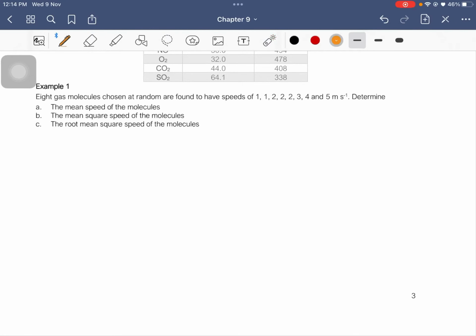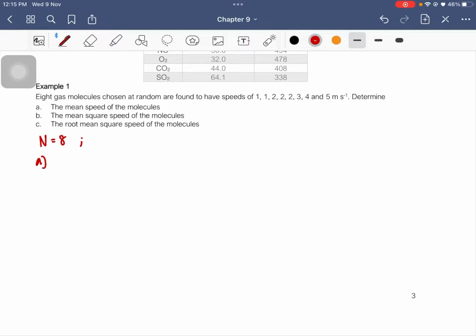This is where you are going to apply the formula. So there are 8 gas molecules, and they are moving at random. So each is moving at this speed. So we have to determine the mean speed of the molecules.